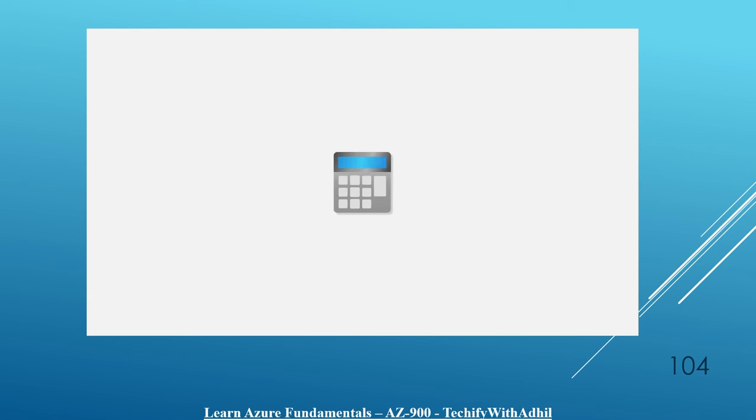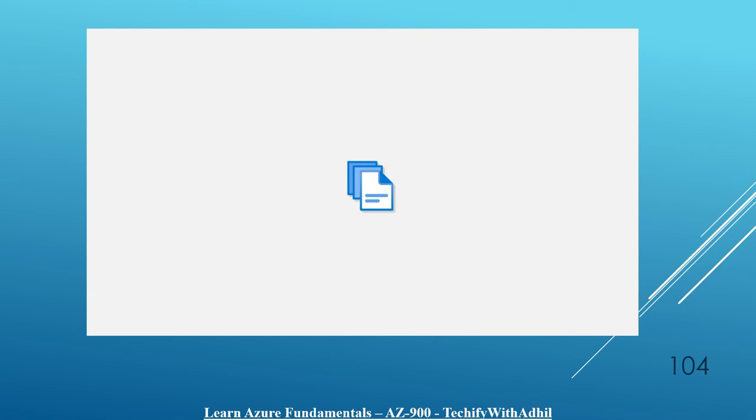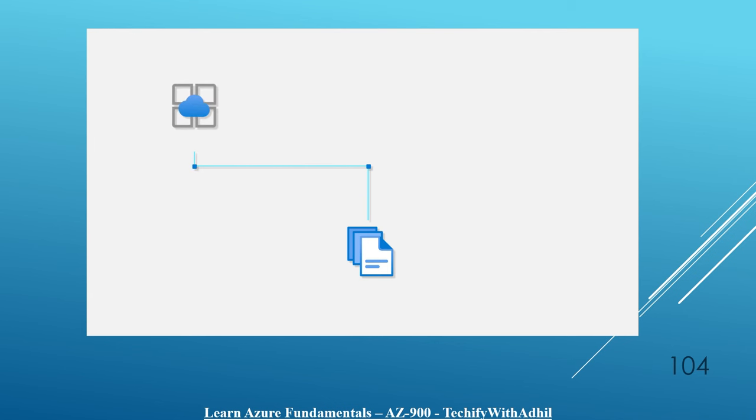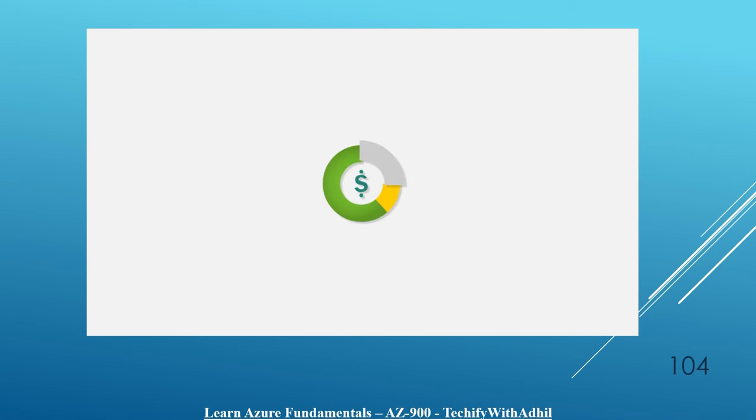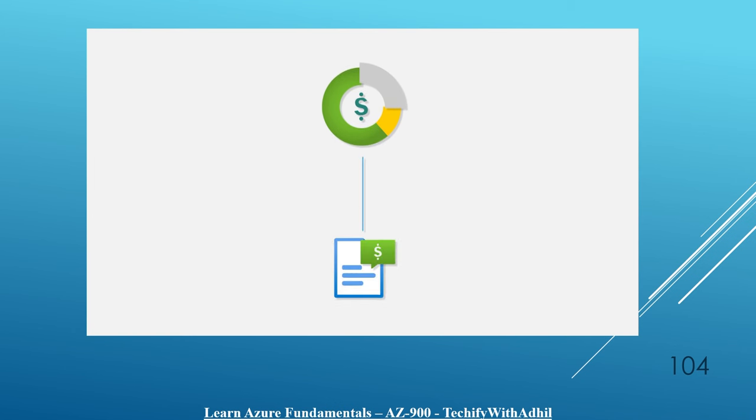First, the Total Cost of Ownership, or TCO, calculator helps you understand the cost savings of operating your solution on Azure compared to your on-premises data center. Define your workloads by specifying your current on-premises infrastructure based on servers, databases, storage, and networking. Then you can make adjustments to costs based on your location and organization. Finally, you can view a report that shows your costs and savings over time.